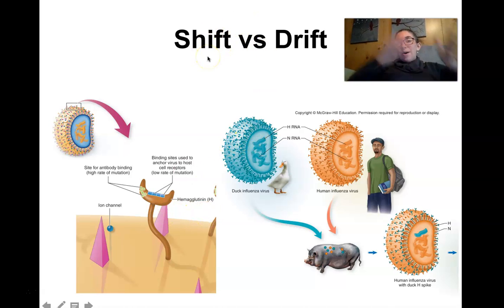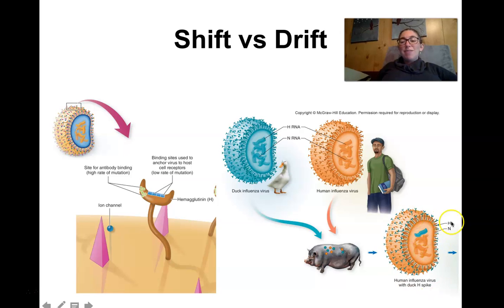Shift is like a big jump, a big change. And shift is what happens when two different strains of the virus get into one cell and then swap parts. So let's say you have a duck influenza virus and a human influenza virus, and they both get into a pig. And as they're replicating, they get a little mixed and matched, and one of the RNA pieces of the duck influenza virus replaces one of the human influenza virus pieces.